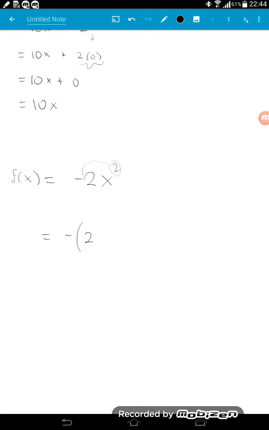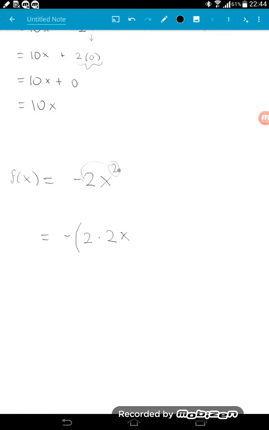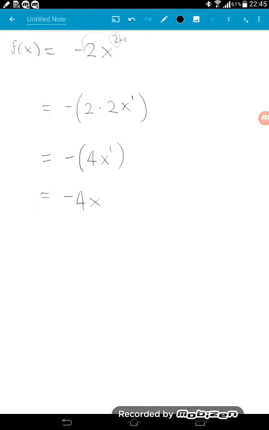So it's going to be 2 times 2. And remember, reduce your exponent by 1. So 2 minus 1 equals 1. So what is 2 times 2? It's just going to be 4. And your x is 1. And then you just basically multiply everything by negative. So it's just going to be negative 4x. I forgot to put my derivative sign. Y prime.